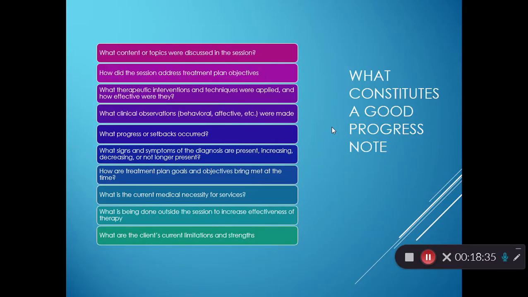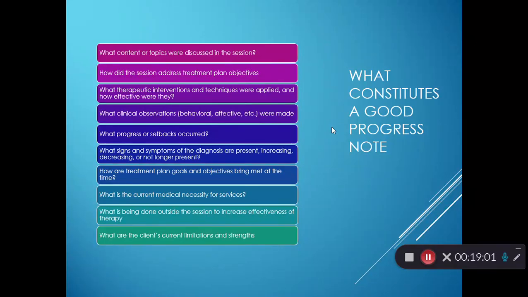The content of those notes needs to address the treatment plan. They need to talk about anything that has set the client back, triggers, what symptoms are still going on, whether they've gotten worse or better. Your note needs to reflect why you're still able to bill for services.